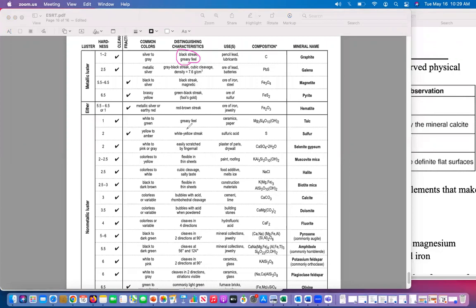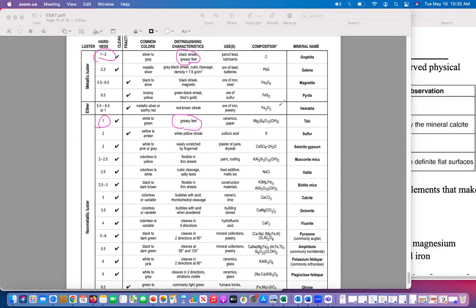What else do I see greasy feel? Right here, I see greasy feel. I don't see anything else that says greasy feel. Okay. And I know that it has to have a hardness of less than 3. So this one has a hardness of less than 3. This one has a hardness of less than 3.